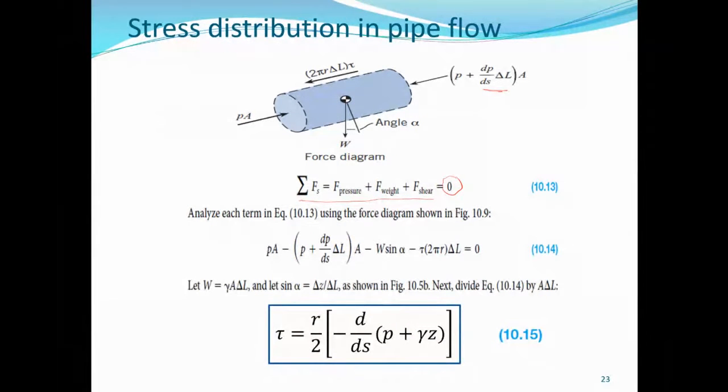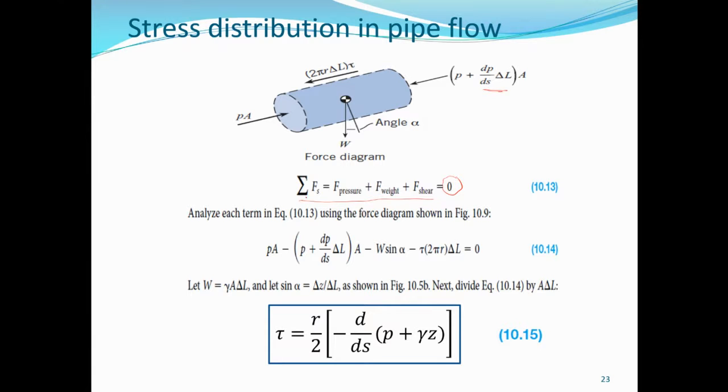So the acceleration is zero, because acceleration is the change in velocity. When you don't have a change in velocity or change in direction, then the acceleration is zero. But if you have any of this, then the acceleration will not be zero. So here we are assuming that the velocity is uniform, hence the acceleration is zero.